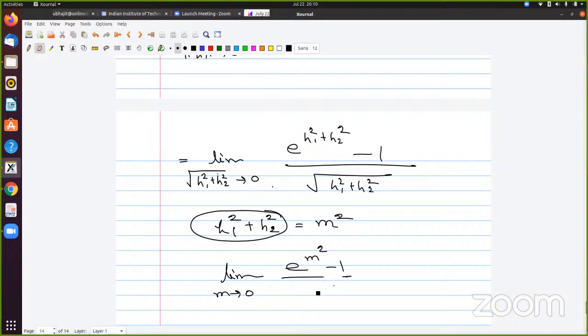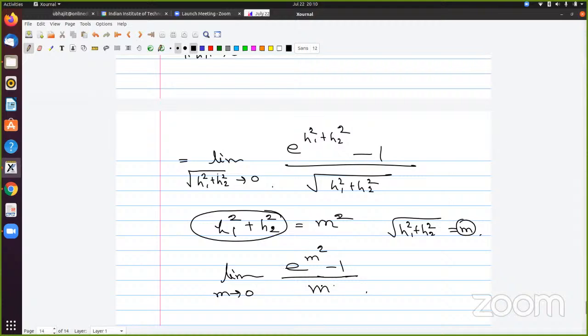This is m. Now what is this limit, basically? h1 square plus h2 square, I am writing as m square. So the square root of this is basically m, some positive number, because everything is positive here, and it is tending to 0. So the given function is e power m square minus 1 by m, correct? Where m tends to 0.